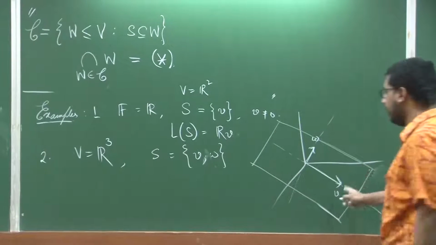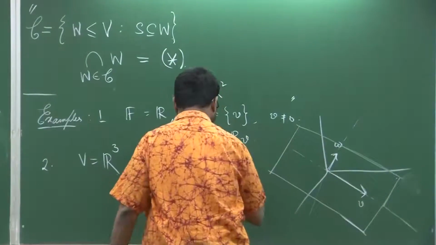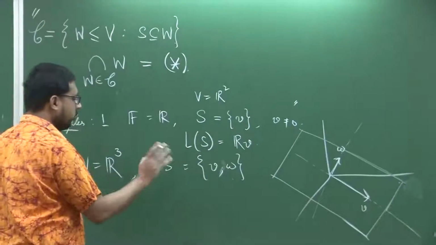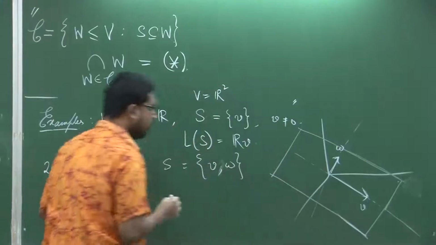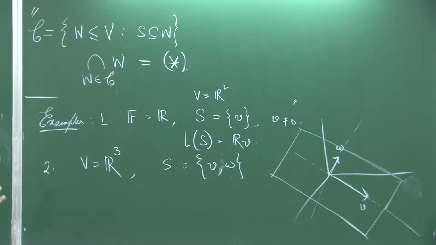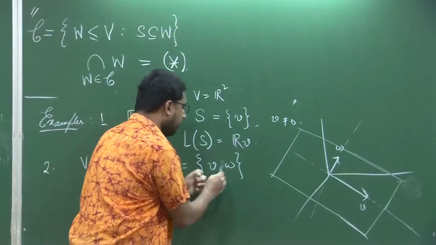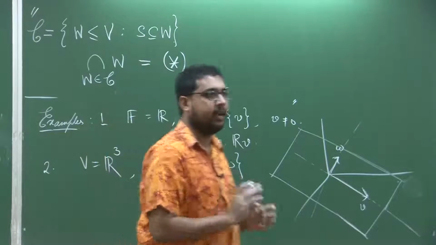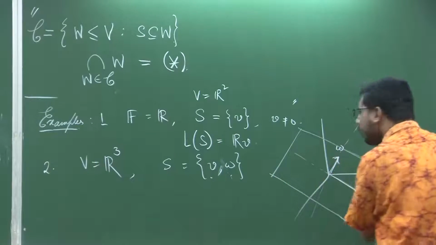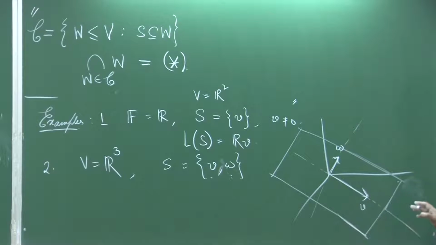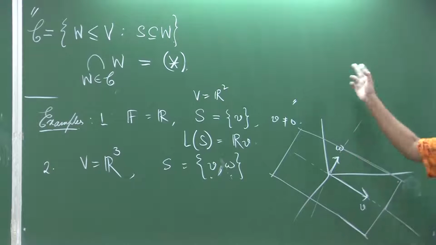Here also I should make a note that what we said is not quite correct, because the V and W that we have taken may be any vectors. So always we won't get a plane. We will get a plane unless one of V and W is a multiple of the other.